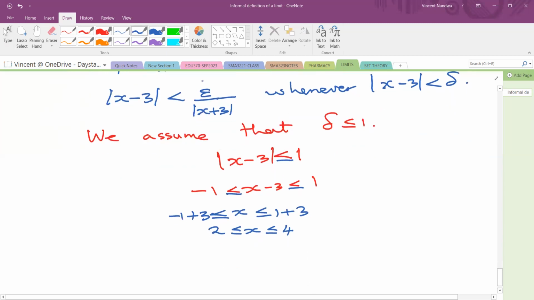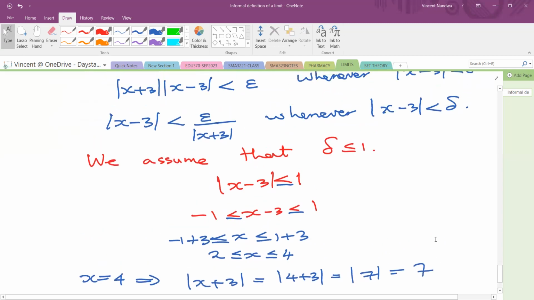So then remember, we need this positive number to be as small as possible. So for this fraction to be as small as possible, we pick the maximum value of x to make the denominator a larger value, so that when we divide epsilon by that larger value, the fraction is a small number. So taking x equals 4 implies that absolute of x plus 3 will be absolute of 4 plus 3, which is absolute of 7, which is actually 7.